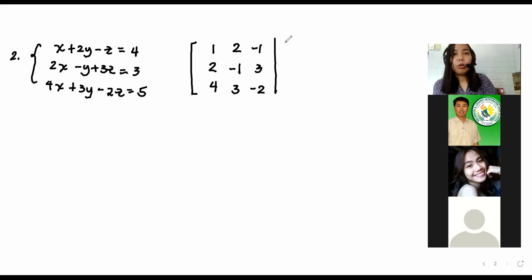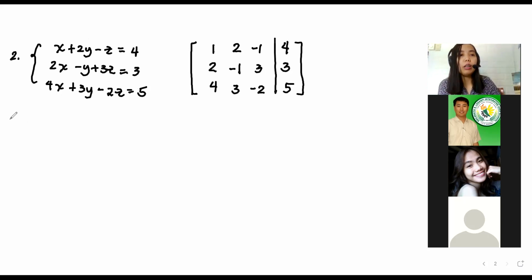And then for constants, we have 4, 3, and 5. Again, double check this. 1, 2, 4, 2, -1, 3, -1, 3, -2, 4, 3, 5.